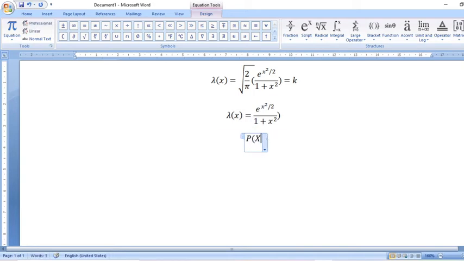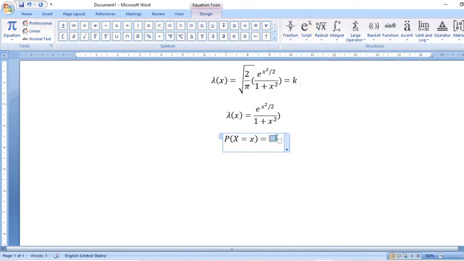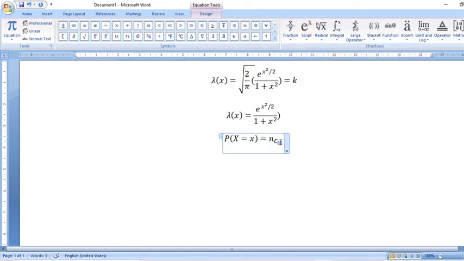Probability of X equal to small x equals n C x, p raised to x, then (1 minus p) raised to n minus x.